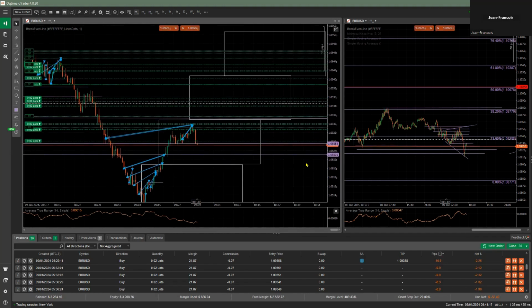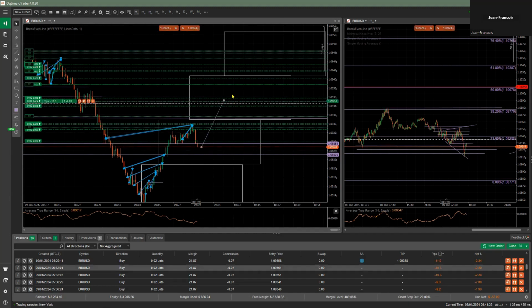We're just looking for a move up in order to resolve the trades that are currently open. Right, so my premise is to look for this move right here. This is what I want to do today. We played the probabilities of an inside bar, and we're surviving the consequences.